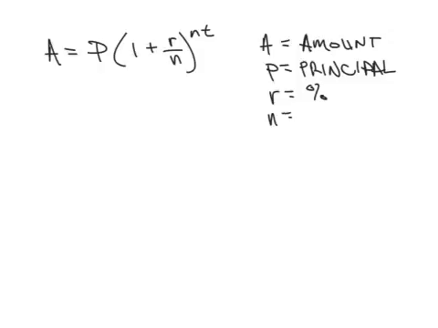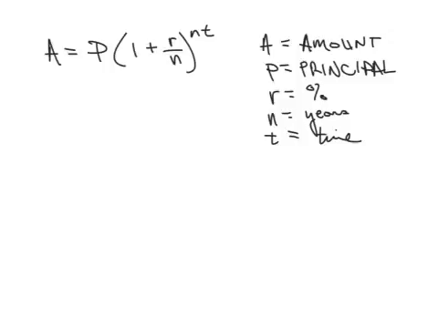N represents how many times the money was compounded per year. And T is going to be, well, in this particular one, what we're looking for. T is basically the time, how long it takes.